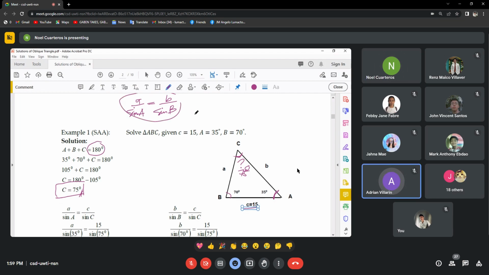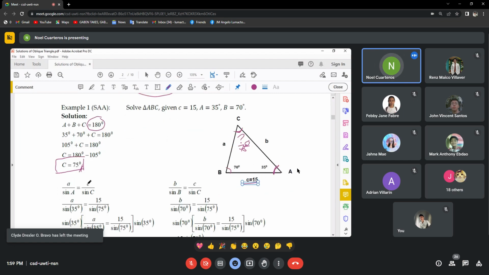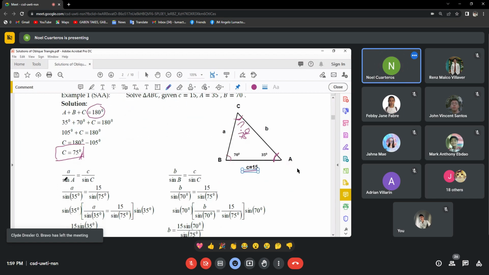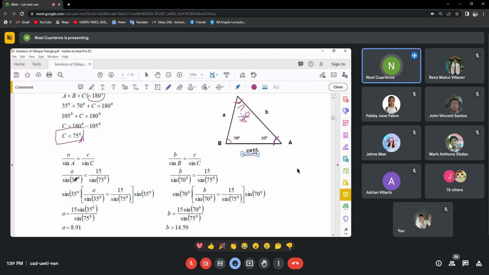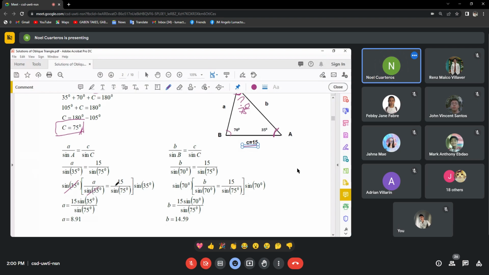Yes, sir. So, to find A, to eliminate the denominator, we multiply both sides by sine A. Or, substitute their values. We have sine 35 degrees equal to 15 all over sine 75 degrees. To eliminate the denominator, multiply by sine 35 degrees. Like that, so cancel.